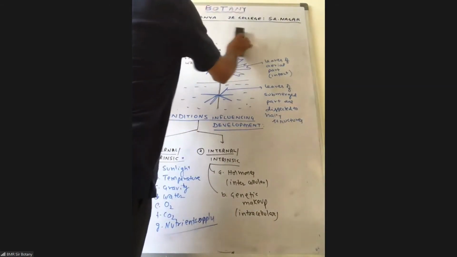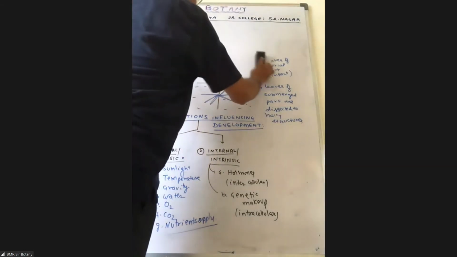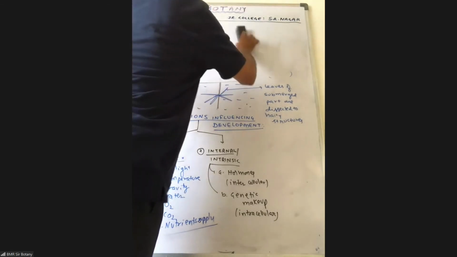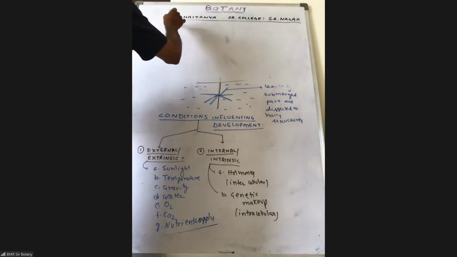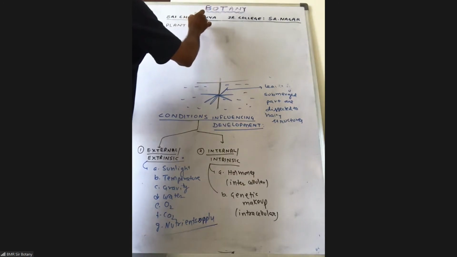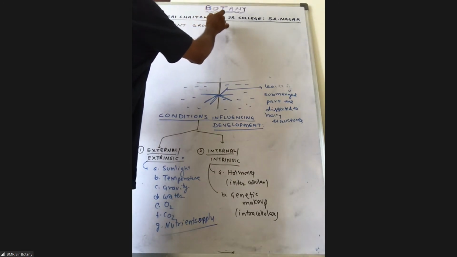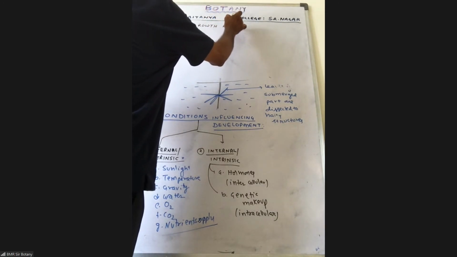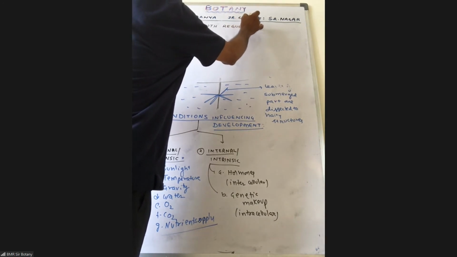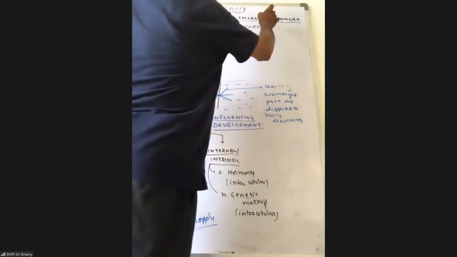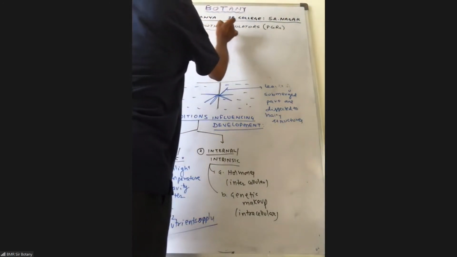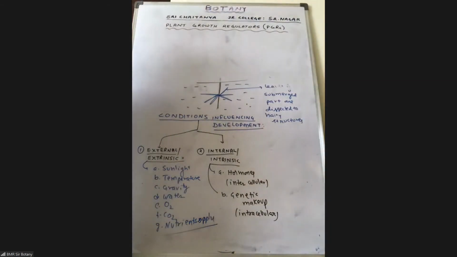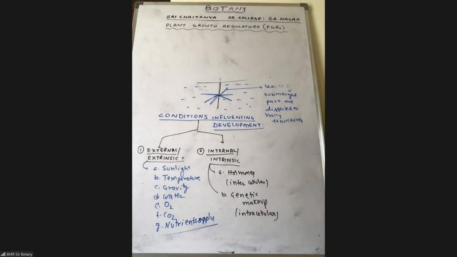So a new aspect within growth and development, plant growth regulators, in short PGRs, that regulate the growth and development in the plant.